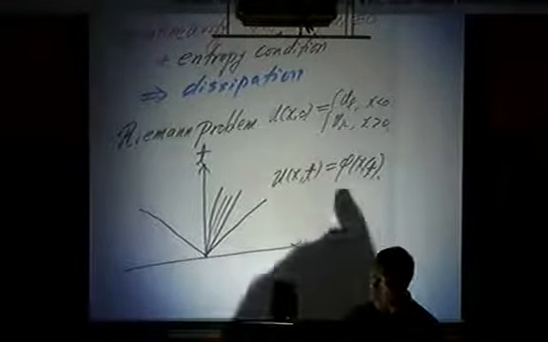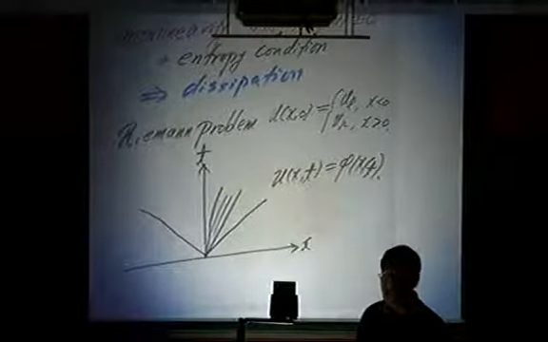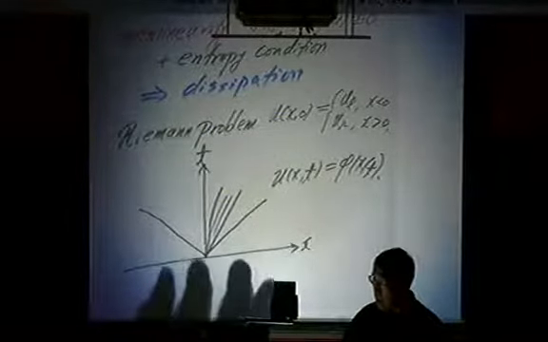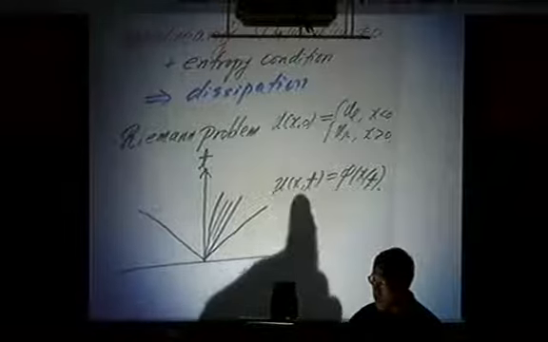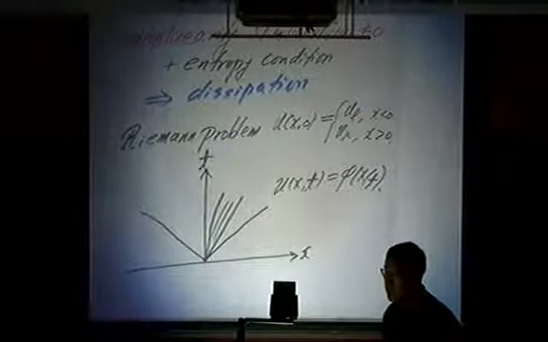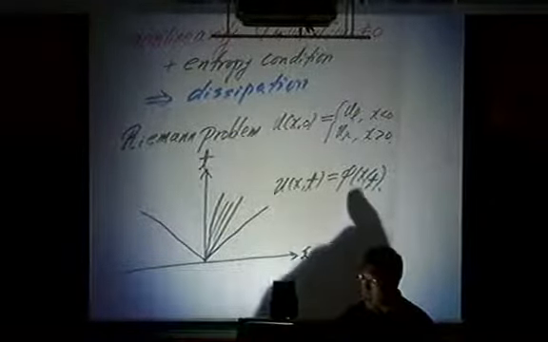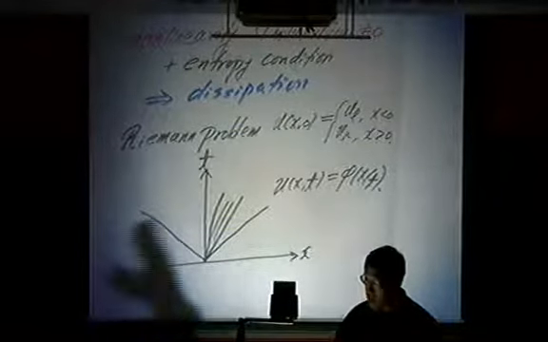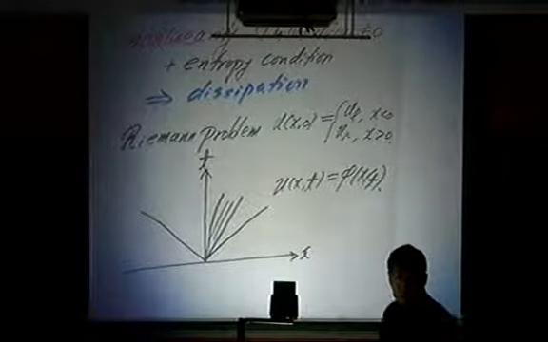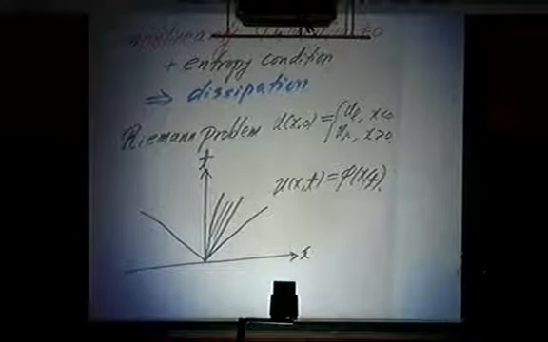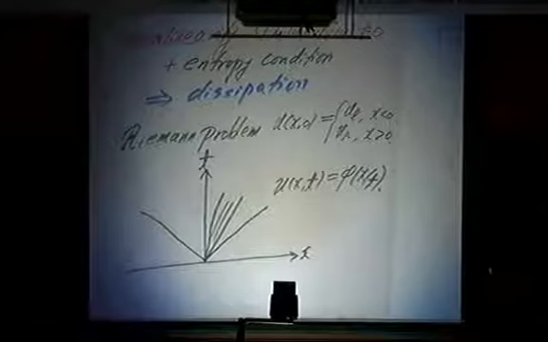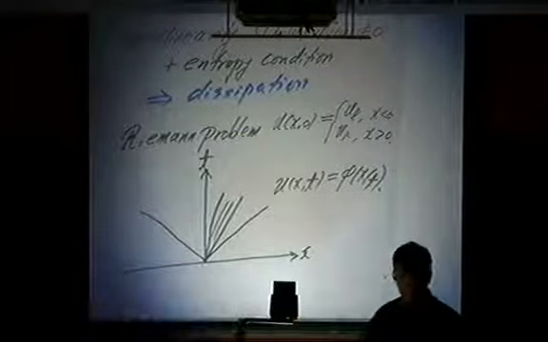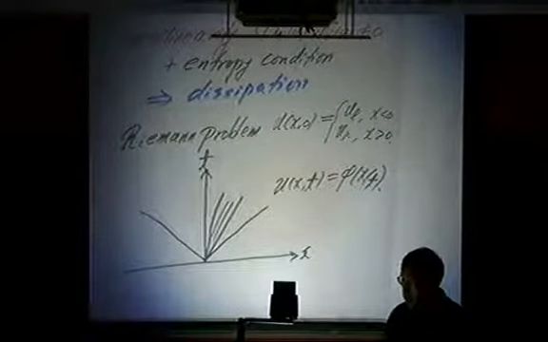So therefore, it's a function of x over t. And so basically, the PDE, which is a function of two variables, becomes a function of one variable, and this becomes an algebraic or ordinary differential equation. And Riemann solved this for this particular case of isentropic gas dynamics. So it is a solution which looks like that. It's a function of x over t.